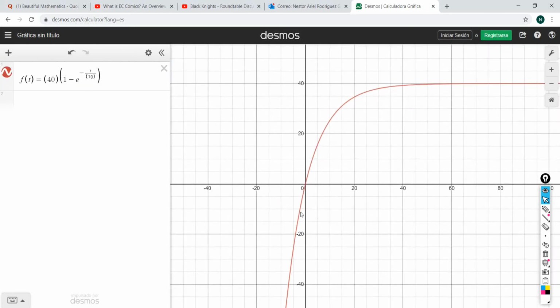Oh, by the way, I should point out the following. Clearly this function does not have any meaning for times on the left side of the y-axis, for negative times, because we don't know what a negative time means. So don't consider this part of the function. It doesn't make any physical sense.